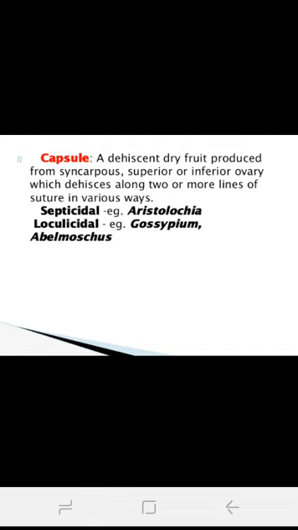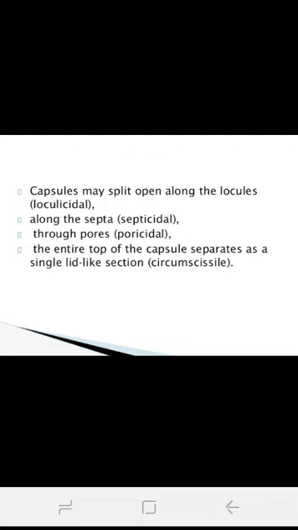Based on its dehiscence it may be of different types, dehisced by different lines. First one is septicidal dehiscence, then loculicidal dehiscence. Capsules split open along the locules. If it is split along the locule, you can call it loculicidal. If it is split along the septa, you can call it septicidal.